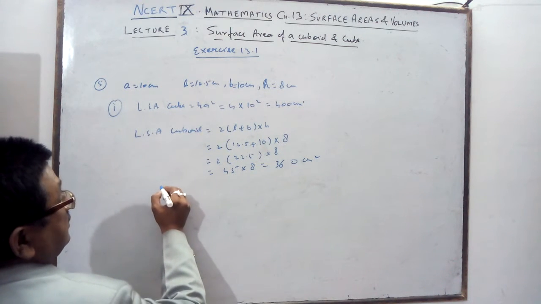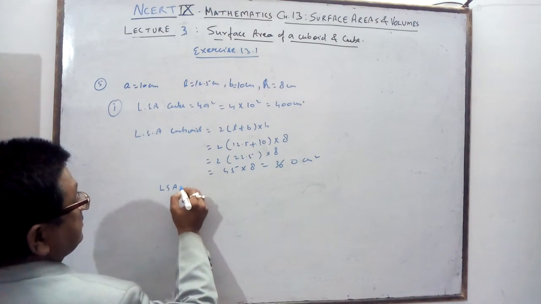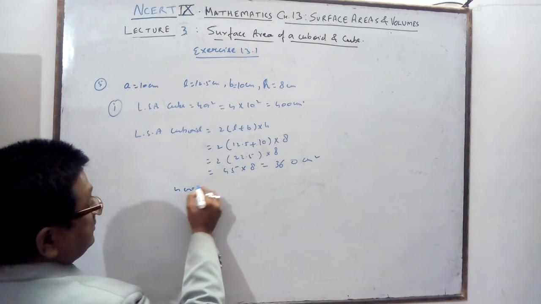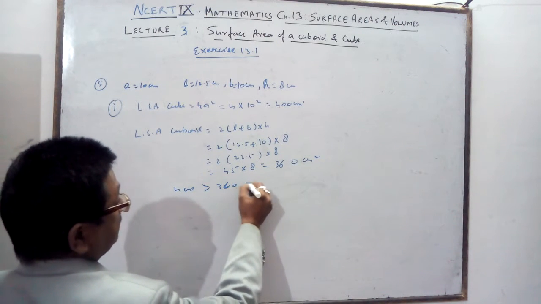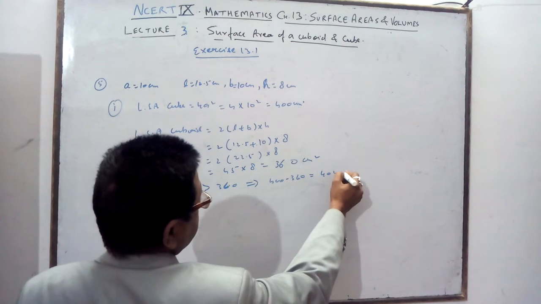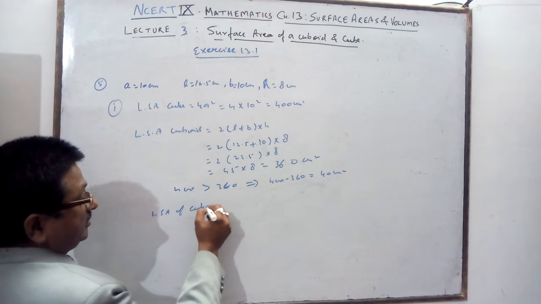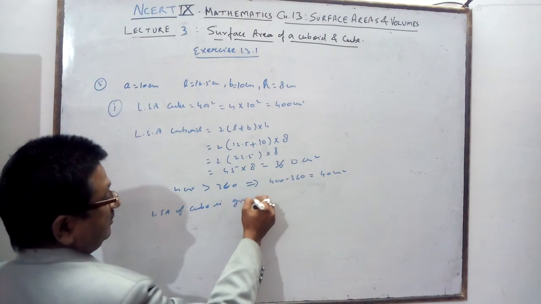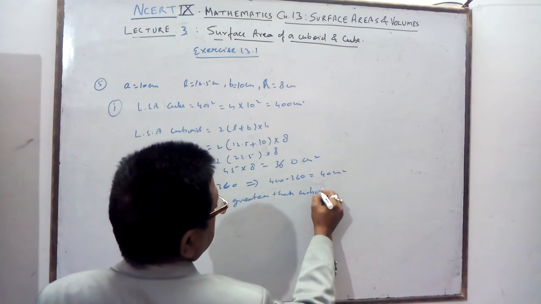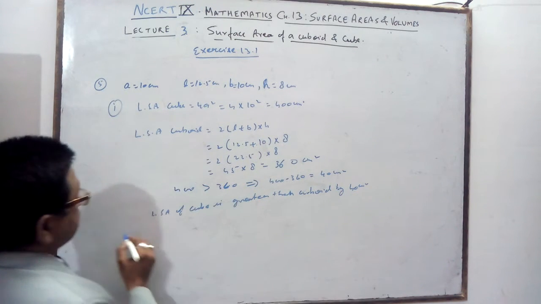Then you find the difference. Which lateral surface area is greater? 400 is greater than 360 by 400 minus 360, 40 centimeter square. So the lateral surface area of the cube is greater than the cuboid by 40 centimeter square.